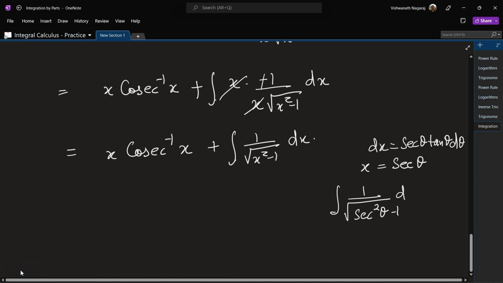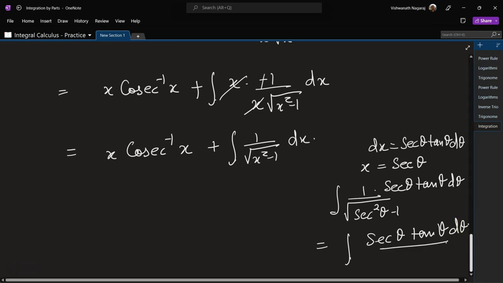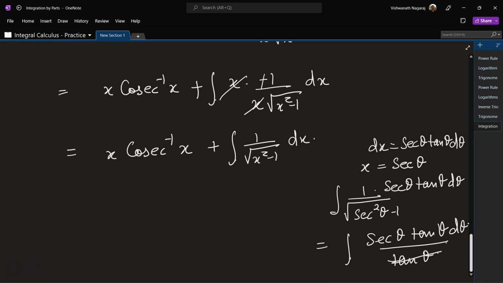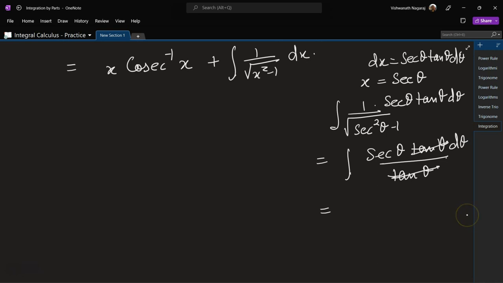So we write times sec theta tan theta d theta. Now this becomes sec theta tan theta d theta divided by tan theta. Tan theta and tan theta get cancelled, and we are left with integral of sec theta d theta.